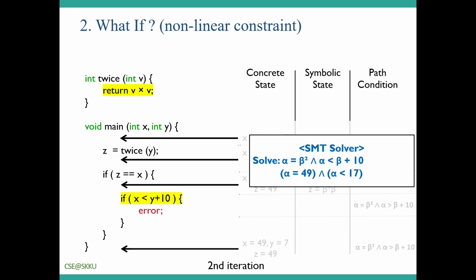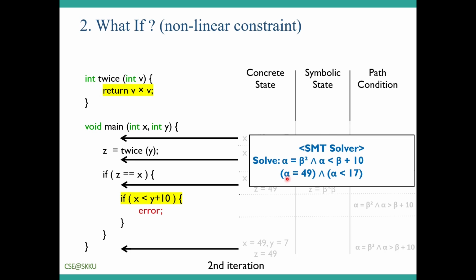Now to try the other path in the inner branches, concolic testing tries to negate the last condition, so the updated condition becomes alpha equals beta times beta and alpha less than beta plus 10. Then concolic testing tries to simplify this using the concrete value of y equals 7.